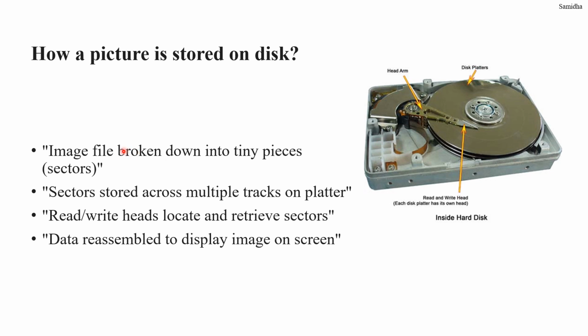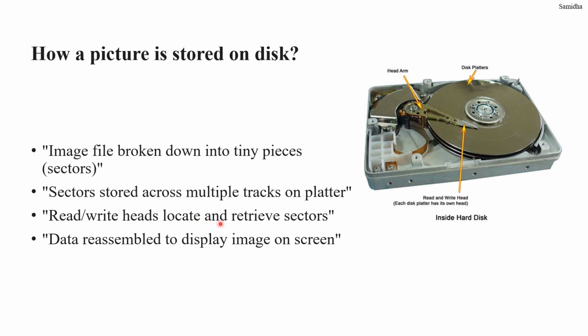Imagine that you save a picture of a cat. First this image is broken down into tiny pieces, and all those pieces are saved separately on each sector. These sectors are across the tracks. As we know, a track is a set of sectors, so these sectors are stored across the track on the platter, and then the head rotates across the track.